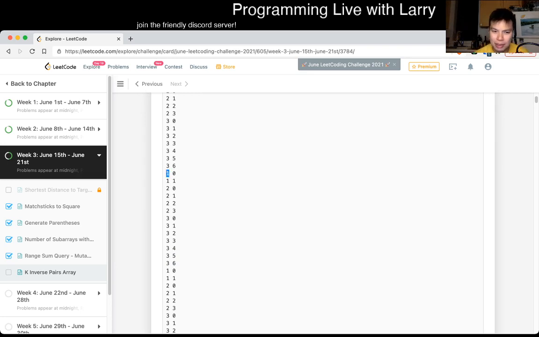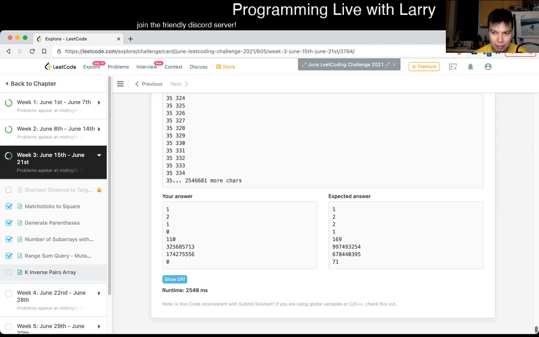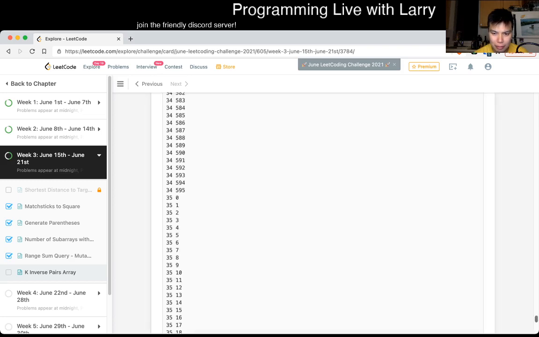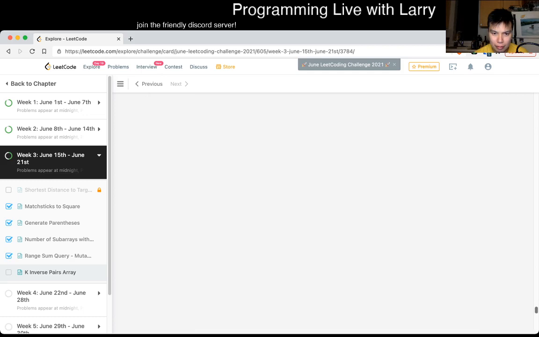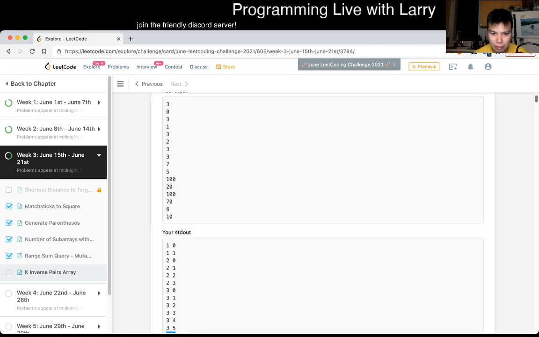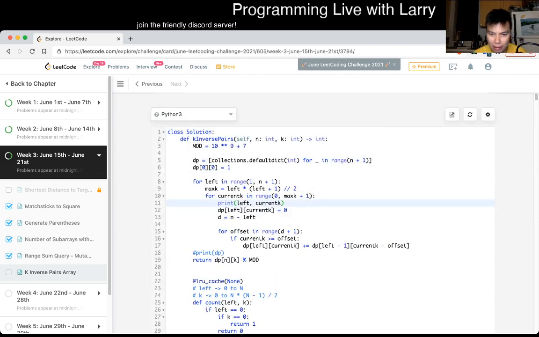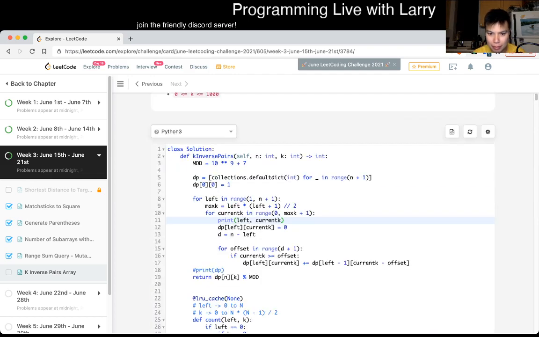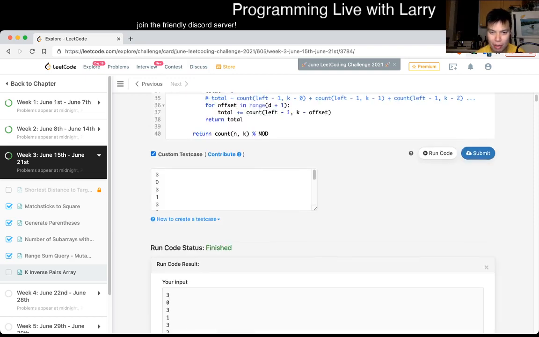For 3 it goes up to 6, right? Anything bigger than that is just 0. So then why is this... now I can find the problem. How can this be wrong?